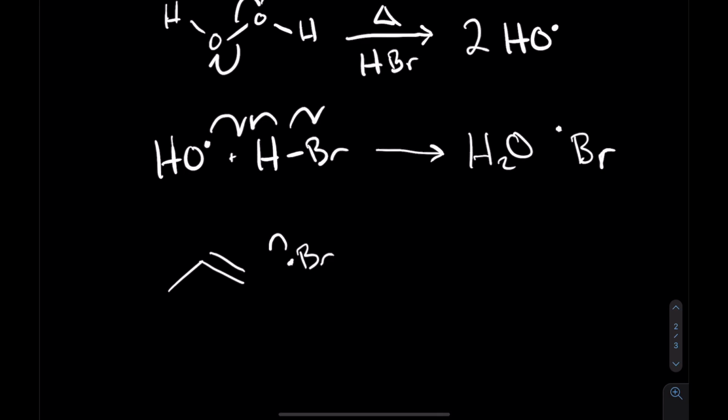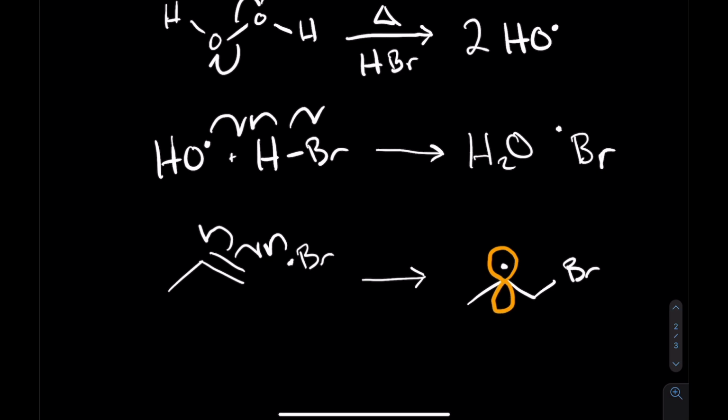So undoubtedly, it's just going to take one of those electrons and then toss one of those electrons in the most stable spot. And that would be on the center, on the most substituted product, which gives you this, all right? The anti-Markovnikov addition, because it's put your radical in a p orbital on your secondary position.